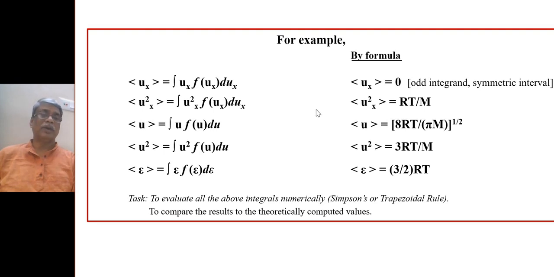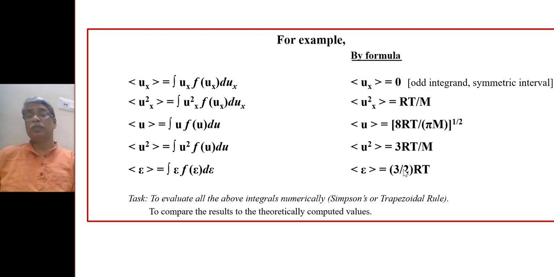And from our theoretical understanding, we have the exact expression for all these average quantities. The first one is 0 because it's a symmetric distribution curve, Gaussian, so the average naturally would be 0, but ux square average is given by RT by m. That depends on what T and m you are taking. And similarly for u average, u square average and energy average from our theoretical understanding.